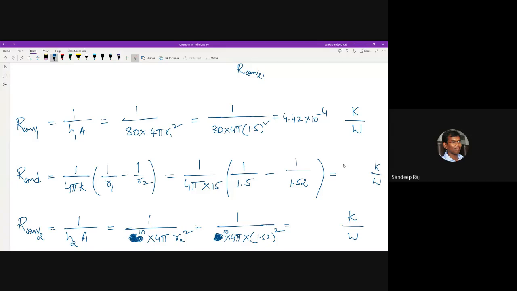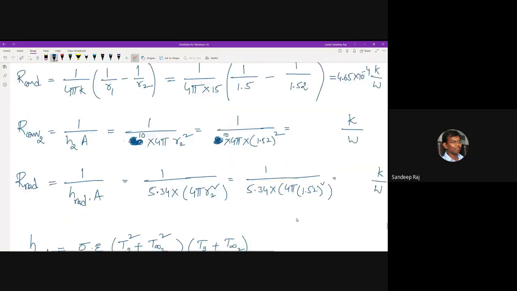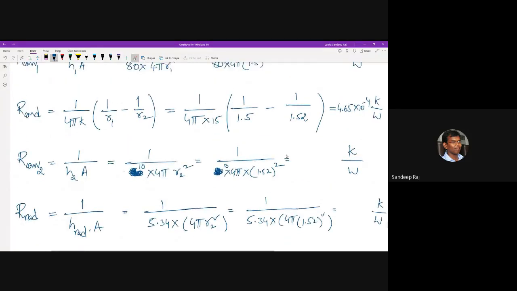R conduction value, you tell me? 4.65 into 10 to the power of minus 4. Good. R convection 2?